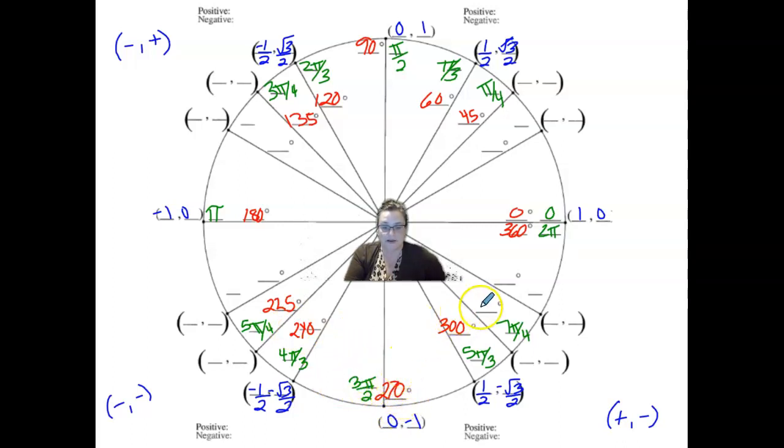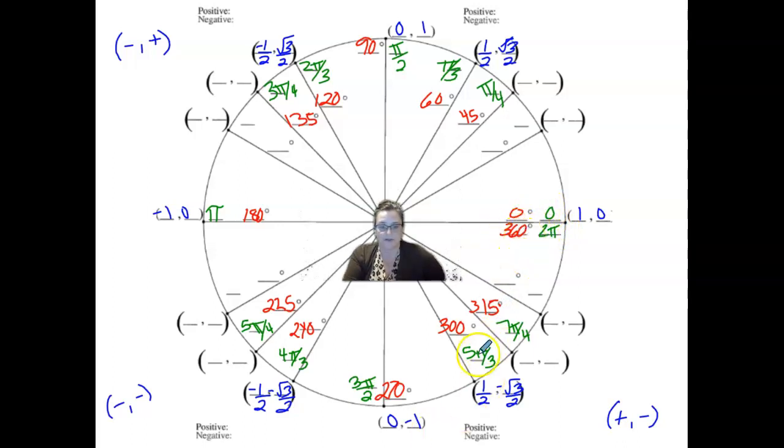Then 7 times 45 is 315. And 8 times 45 is 360.